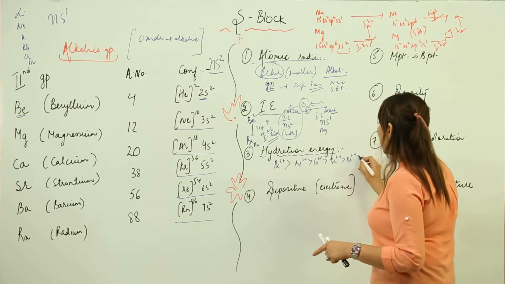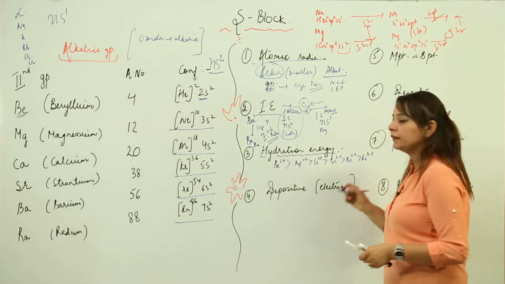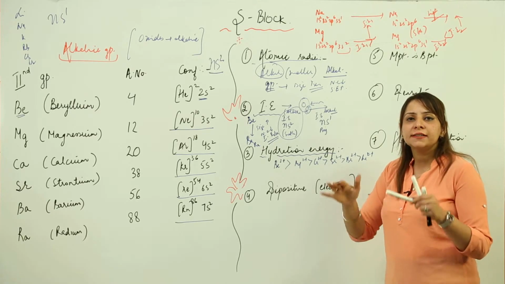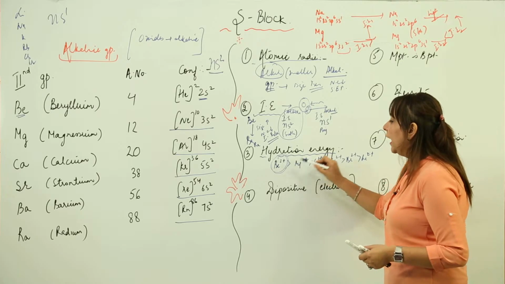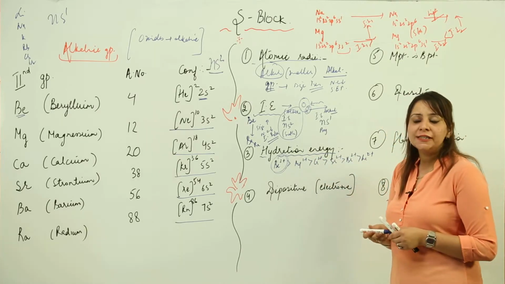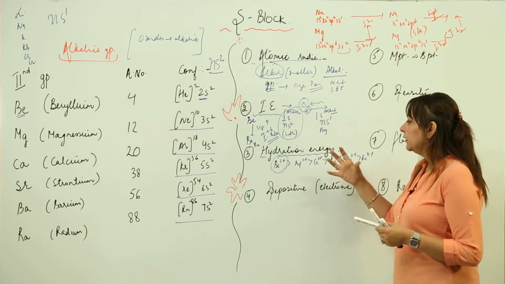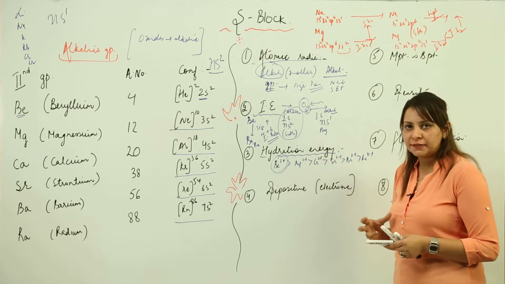That means as we go down, size is increasing and the hydration power is decreasing. So maximum hydrated will be beryllium, and after that as we move, size keeps on increasing, due to which the hydration energy becomes comparatively less.